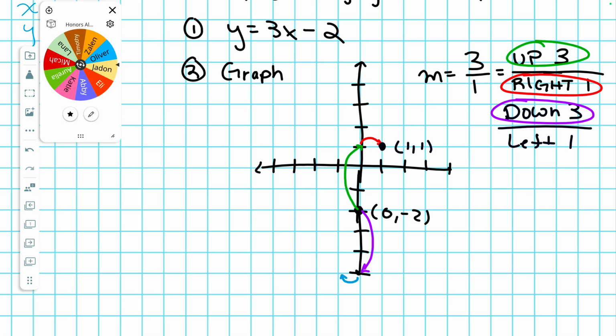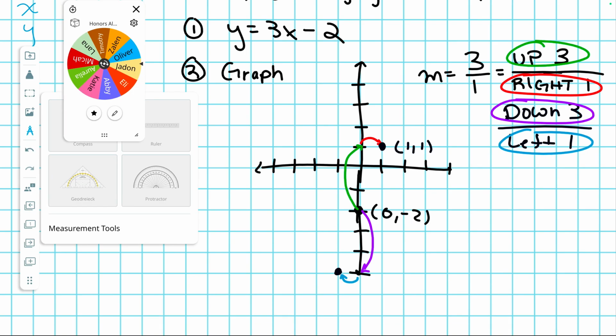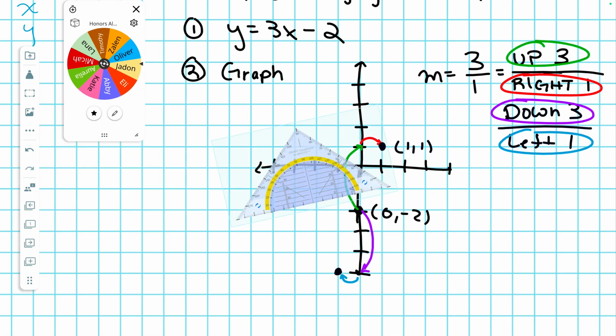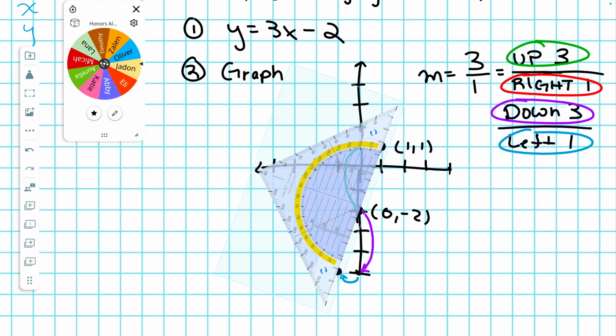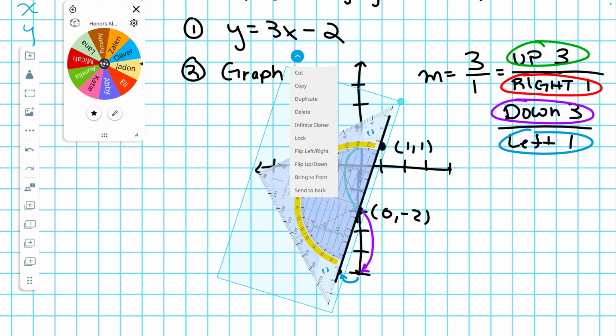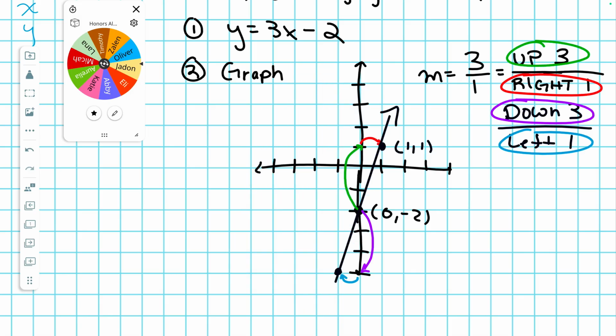Left 1. There's a graph. You connect the dots, and you put arrows on the end.